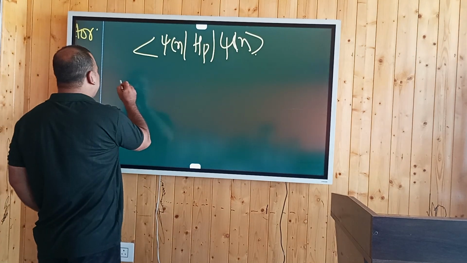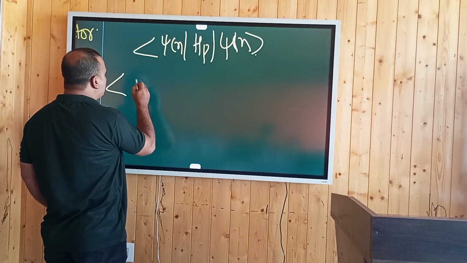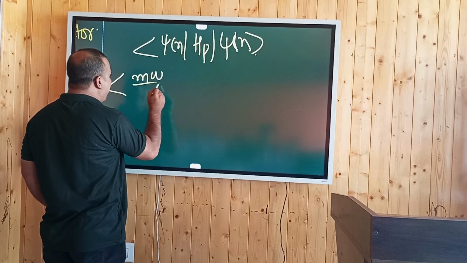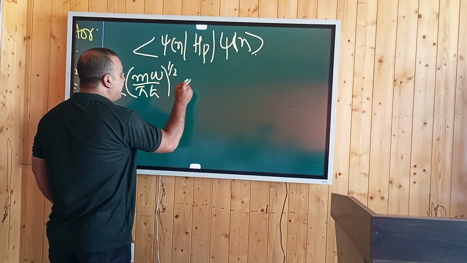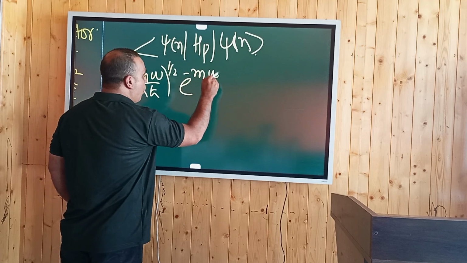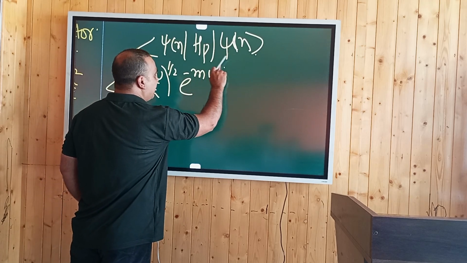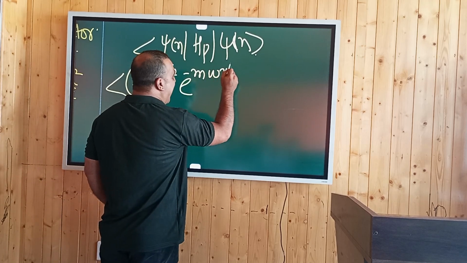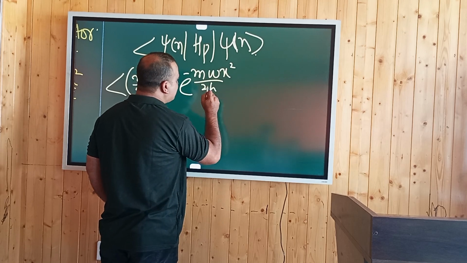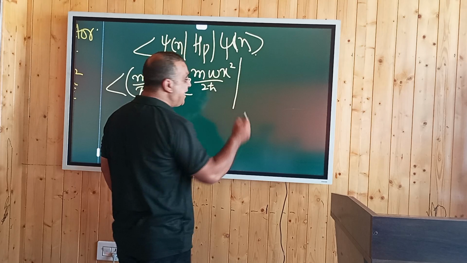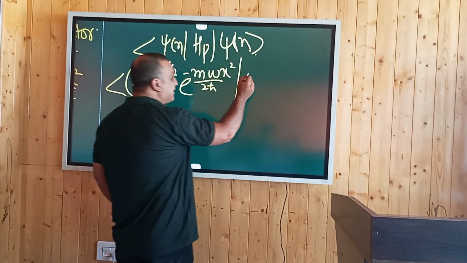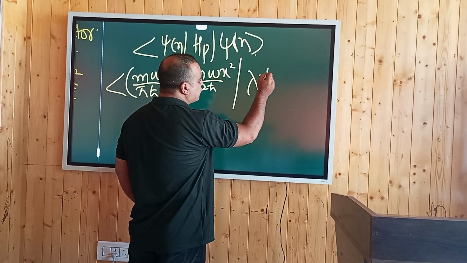So for psi of x, what will I use? I will use (m omega by pi h cross) raised to the power 1 by 4, e to the power of minus m omega x square by 2 h cross. Am I right? Then you will have the perturbation. What is that? That is lambda x square.